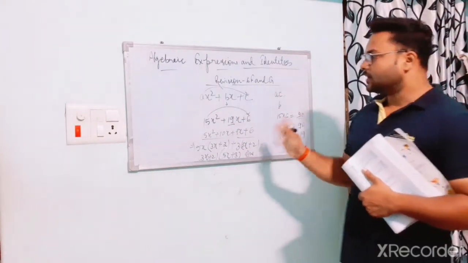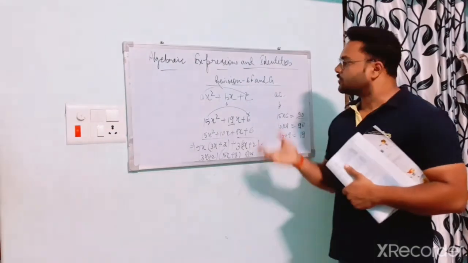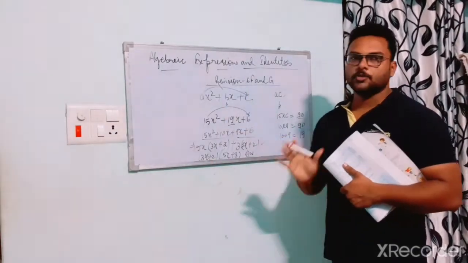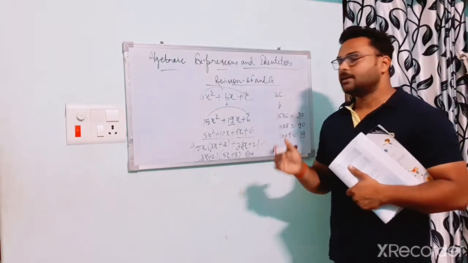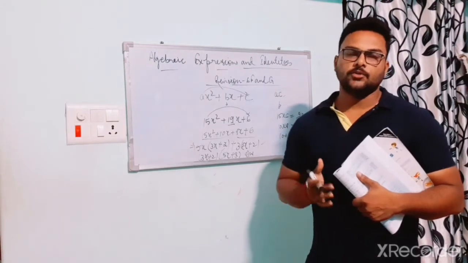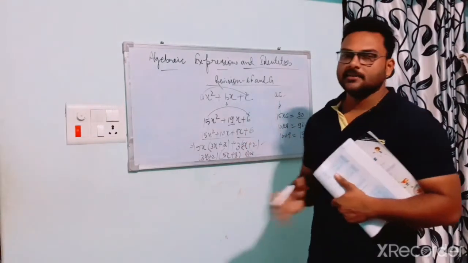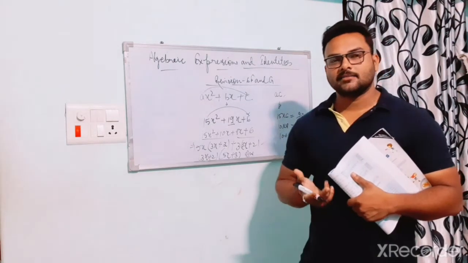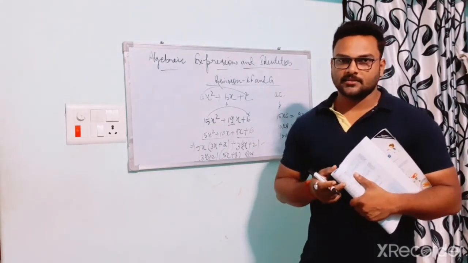Okay, try to understand, try to solve more and more questions. These questions you already solved. Revise the whole portion in such a way that whenever someone asks you different questions, you will be able to answer. Okay, practice it, because maths is all about practice. As much as you practice, that much you will be able to understand the things. Thank you.